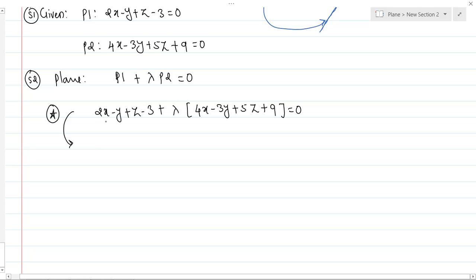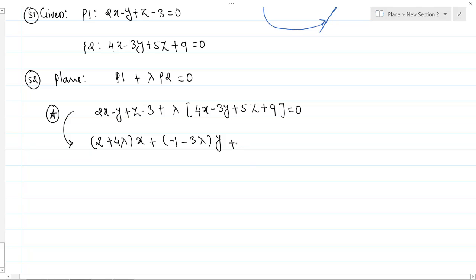So it is 2x plus 4 lambda x. Take x common, so 2 plus 4 lambda into x. I hope you are getting it. From here I took x common and 4 lambda common, plus minus 1, and here we will have minus 3y, so minus 3 lambda, and from here I took y common.